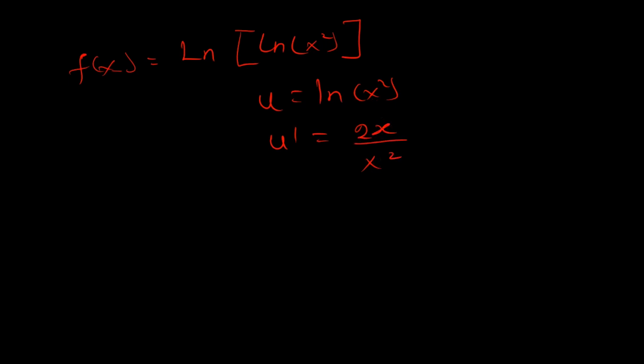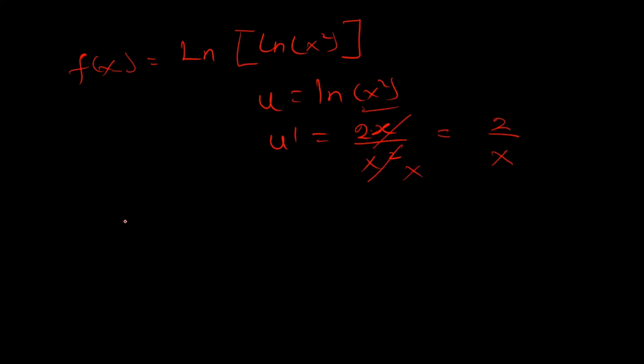So we differentiate the x squared to get 2x all over the x squared like this. Okay, so we can get 2 over x, because this x will take care of one x here to get 2 over x.